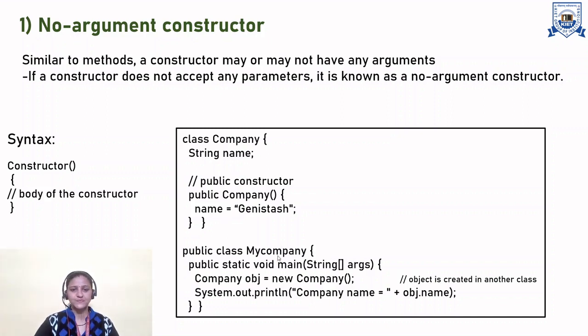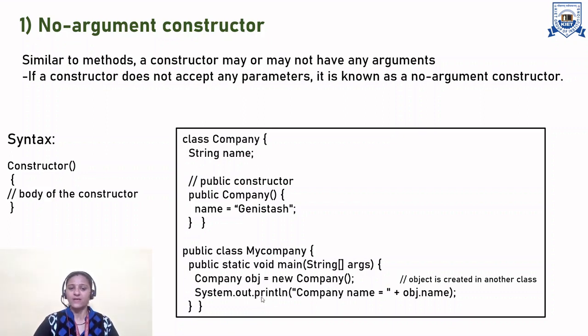After that, we make the main function. Here we make the object of the class Company with the name obj, this is the way we create an object, as we have already learned.